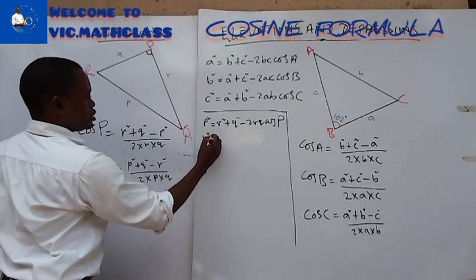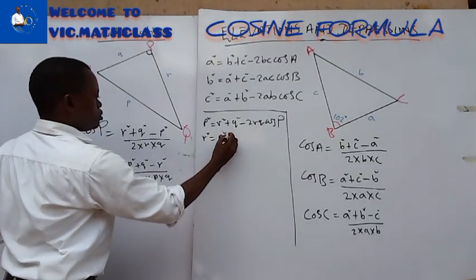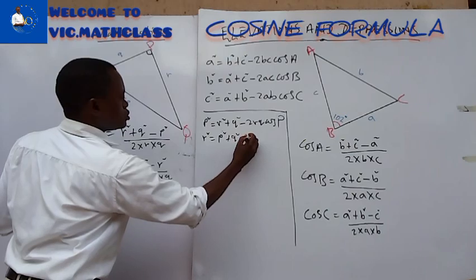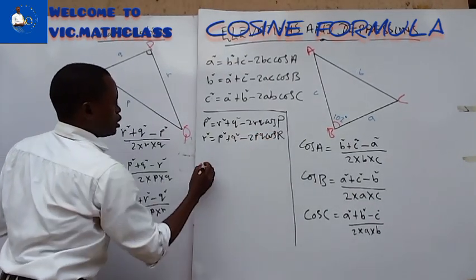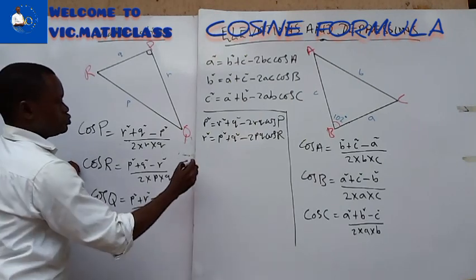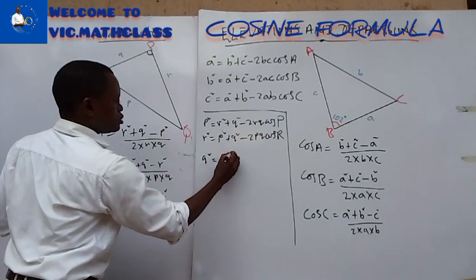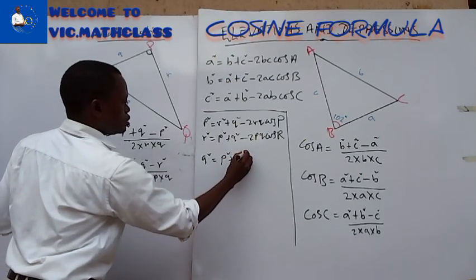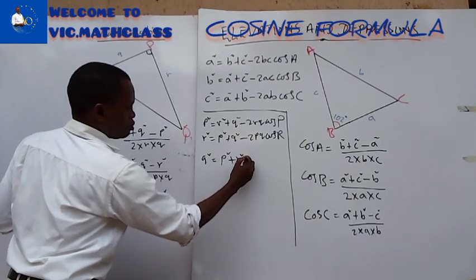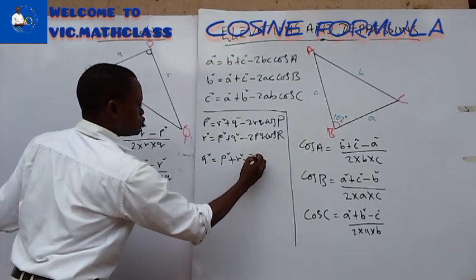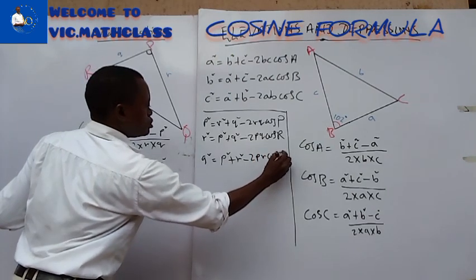I'll have r squared equals p squared plus q squared minus 2pq, then cos capital R. And then what about finally q squared? Q squared will be equal to p squared plus r squared, then minus 2 times pr, then cos capital Q.